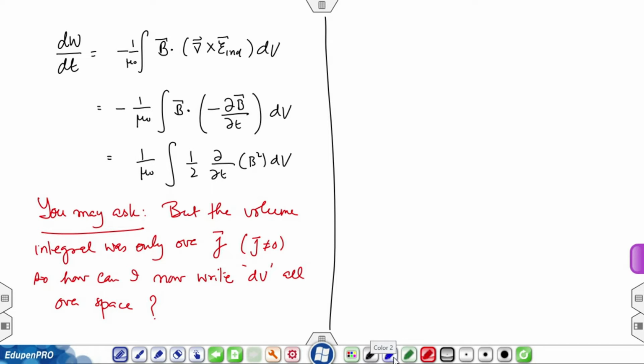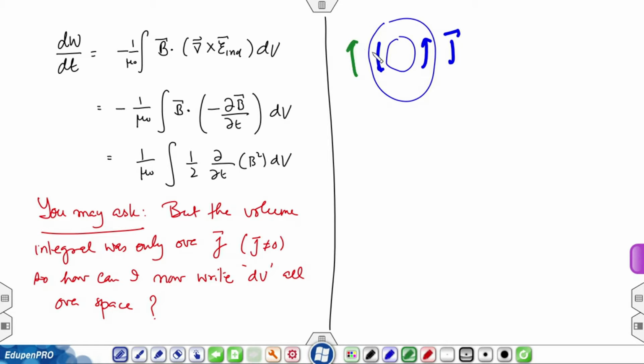When I calculated this J, and there was an E induced going opposite, I did integrate over this volume, but I could have written this volume all over the place.